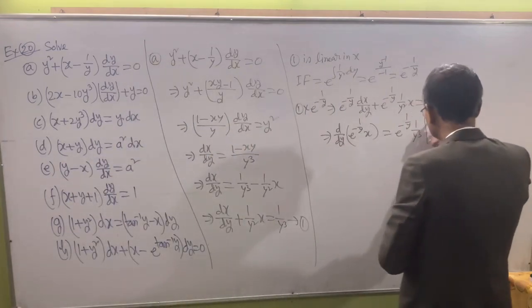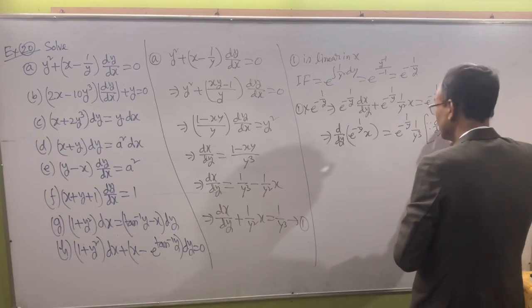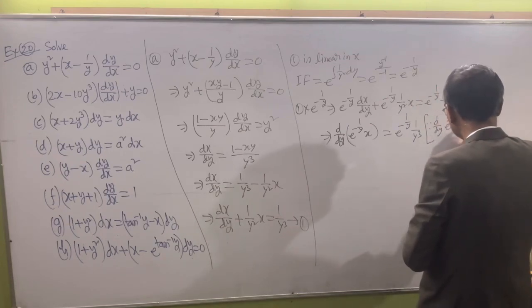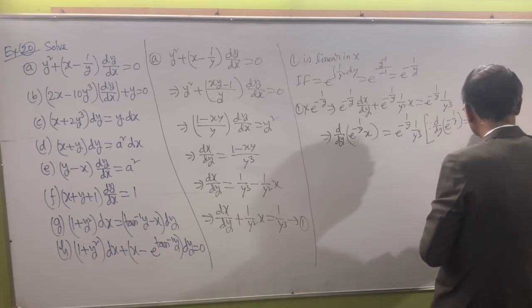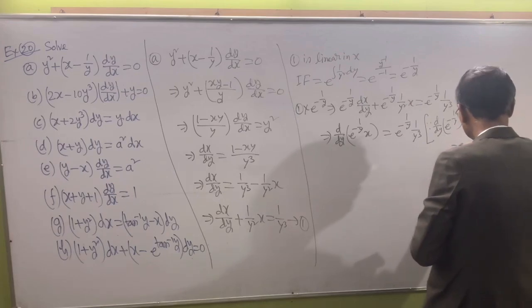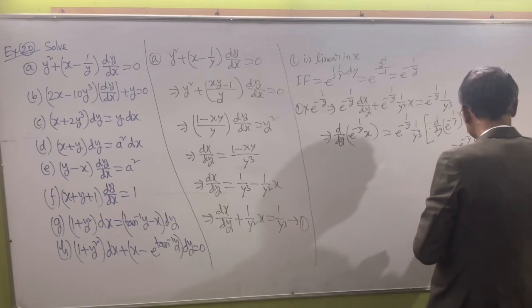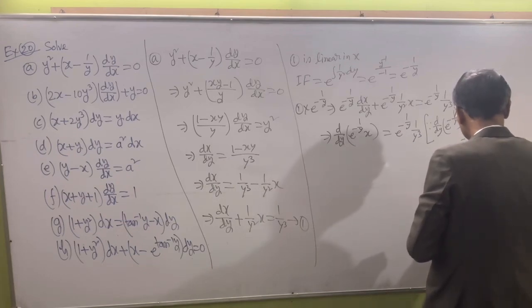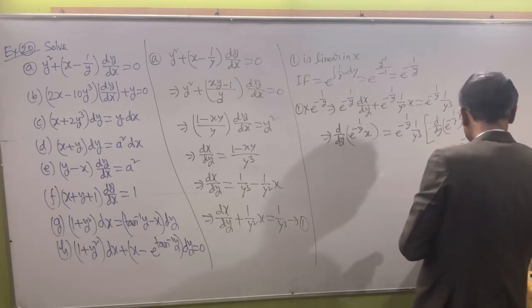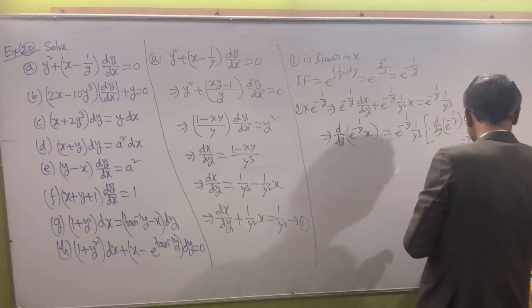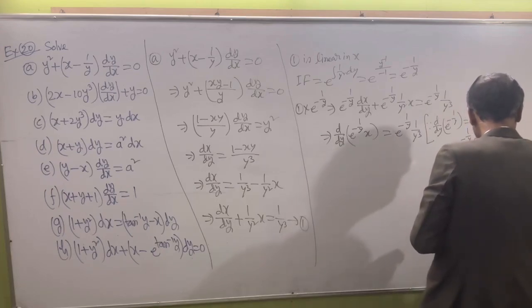Since d dy of e to the power minus 1 by y equal to e to the power minus 1 by y d dy of minus 1 by y, this is equal to e to the power minus 1 by y d dy of minus y to the power minus 1, which is e to the power minus 1 by y into minus of minus y to the power minus 2, means 1 by y square e to the power minus 1 by y.